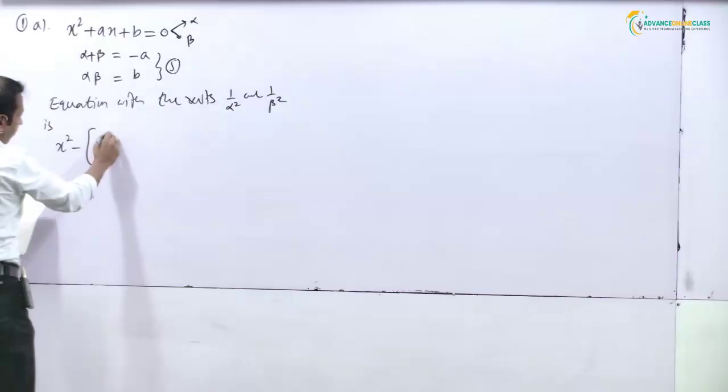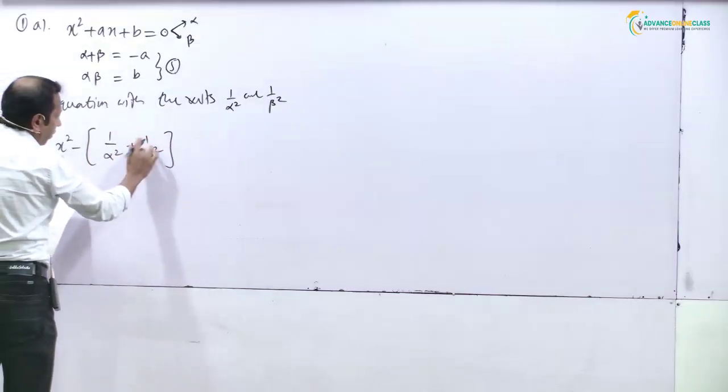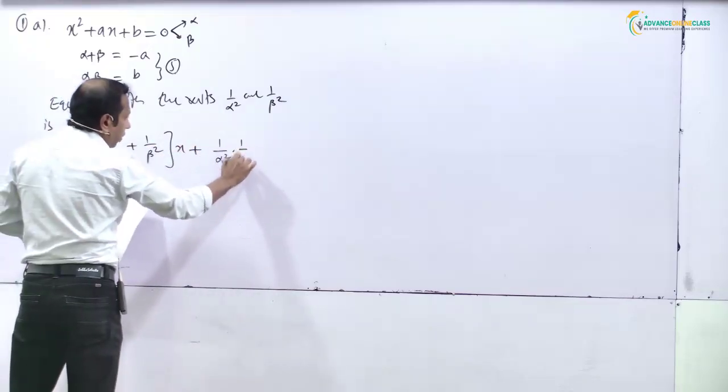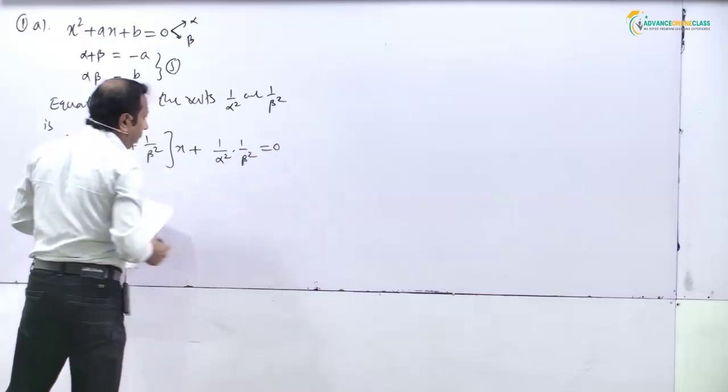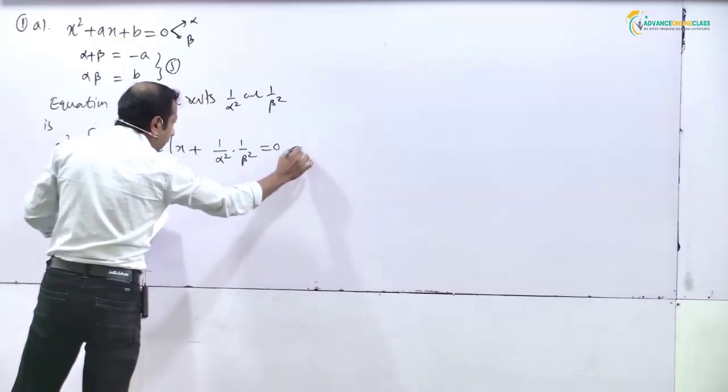x squared minus, first add the two roots within brackets, x, plus the product of the roots equals 0. For these, 5 marks.